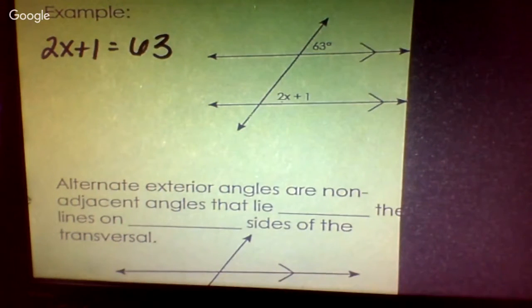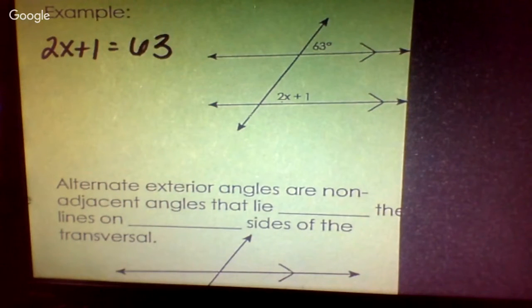Stefan, what's my first step to getting x by itself with this equation? Think about it. I want to get everything gone that does not have an x with it first. So we got to get rid of the 1. How do I do that? Look at what's happening with your 1 in the equation.